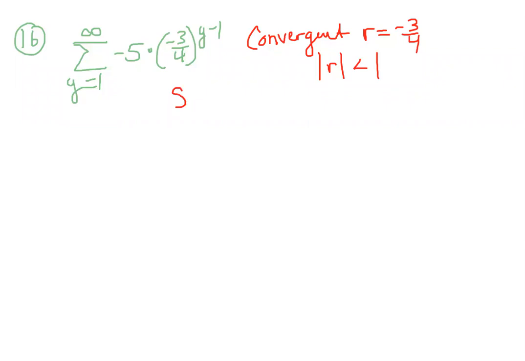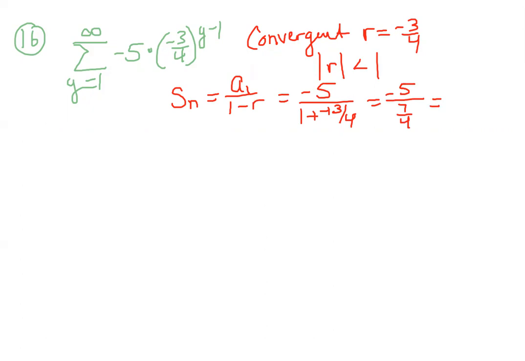So we're going to use this equation and we're going to say that the first term is negative 5 over 1 minus negative 3/4. And that is negative 5 over 7/4, which is negative 5 times 4 over 7, which is negative 20 over 7. And that's the answer.